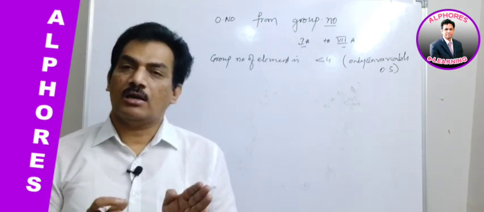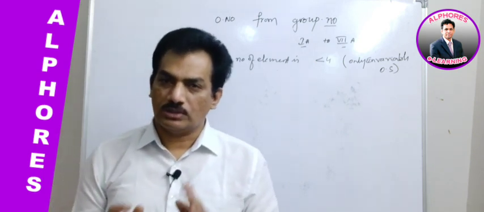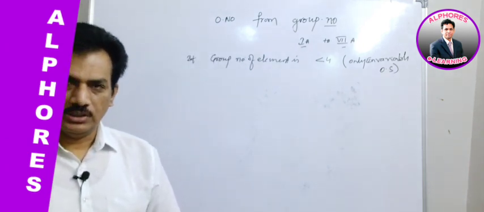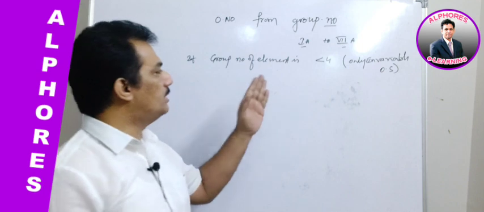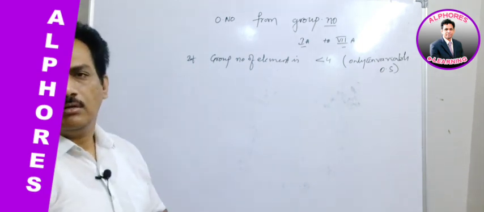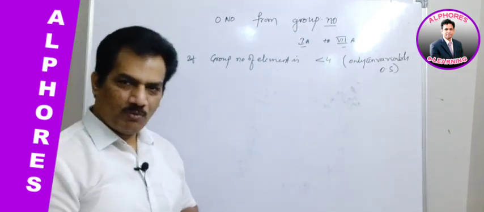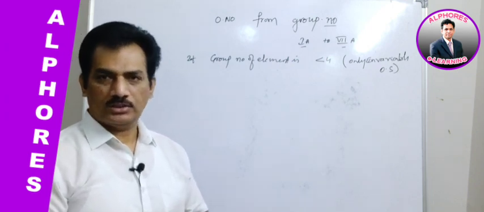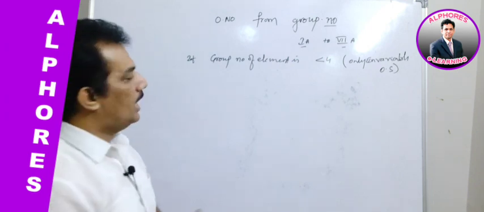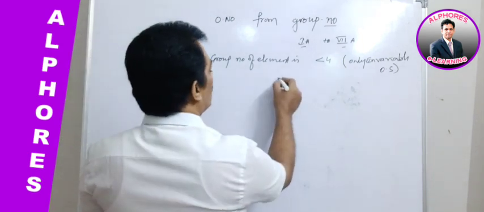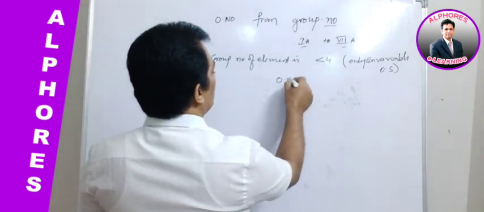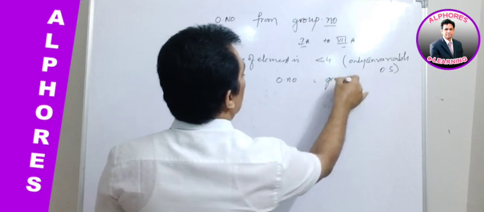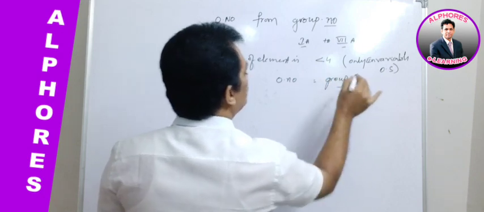When exhibiting a constant or fixed oxidation state, it is said to be an invariable oxidation state. And the elements with group number less than 4 are supposed to exhibit invariable oxidation states. Clear? In such a case, the oxidation number is equal to the group number. Directly we are giving it like this, the group number.